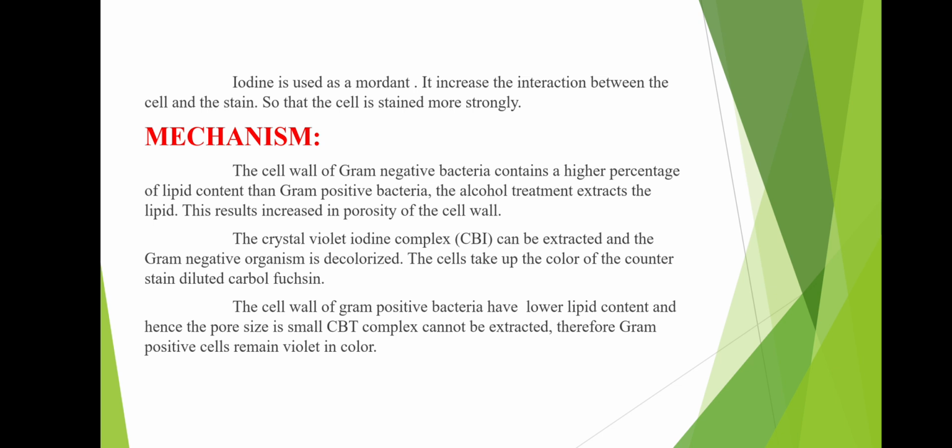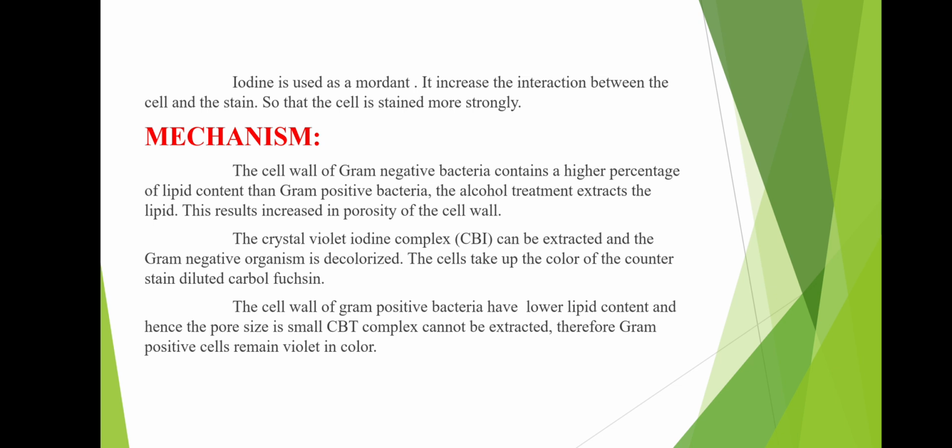Mechanism of Gram staining. The cell wall of Gram negative bacteria contains a higher percentage of lipid content than Gram positive bacteria. The alcohol treatment extracts the lipid. This results in an increase in porosity of the cell wall. The crystal violet iodine complex can be extracted and the Gram negative organisms are decolorized.